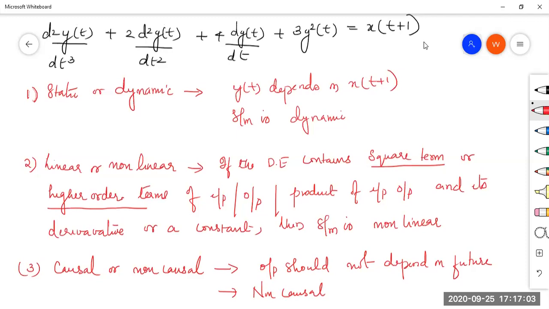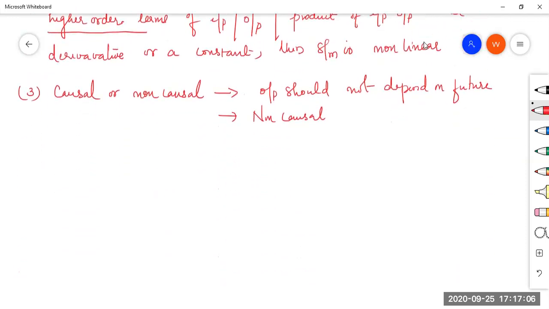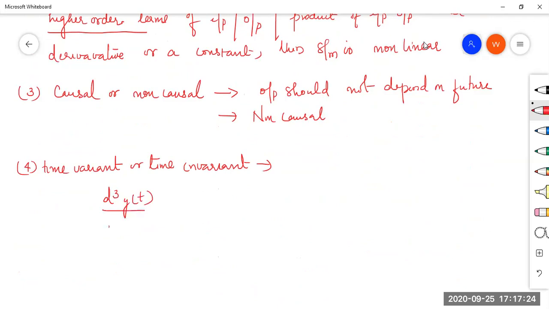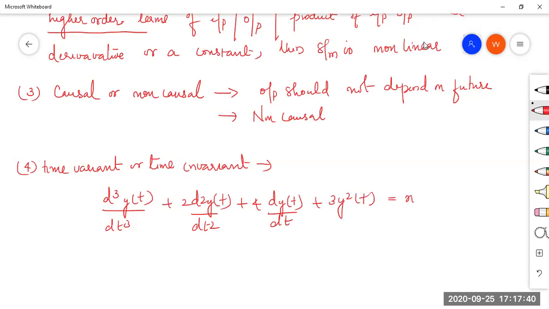Now the last one, whether it is time variant or time invariant. I'll write the differential equation once again here, since we can't see this. d cube y of t by dt cube plus 2 d square y of t divided by dt square plus 4 dy of t divided by dt plus 3 y square of t is equal to x of t plus 1.